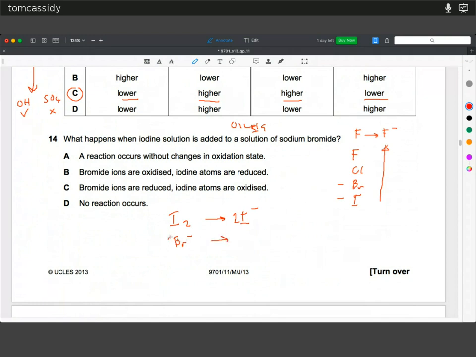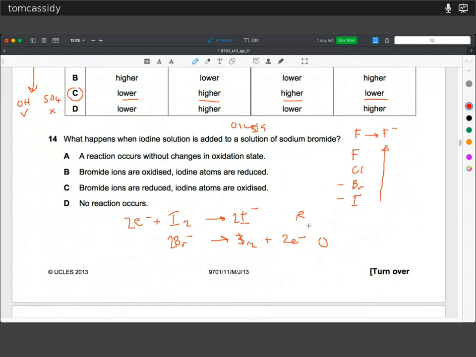And can bromide ions go to bromine? You can see that this one is gaining electrons, must be 2 electrons there to balance, and this one must be losing electrons. So oxidation is loss. So that's oxidation, and that's reduction.